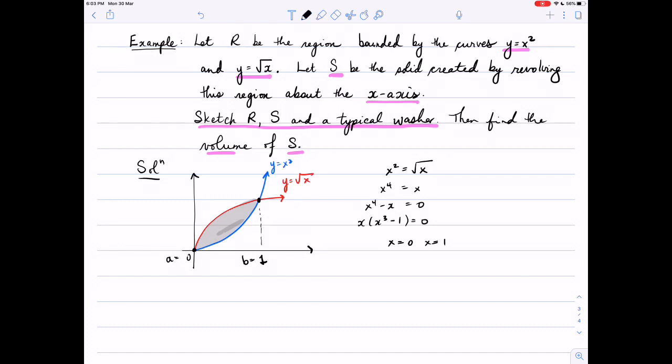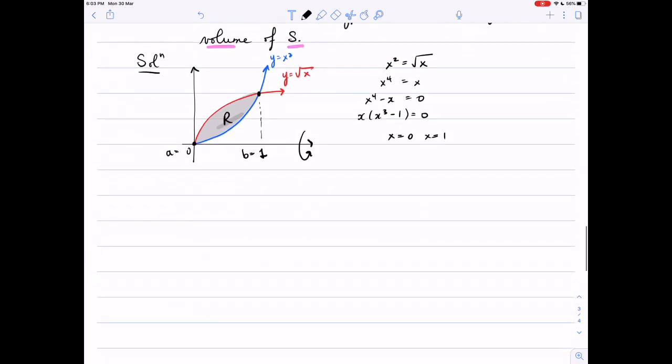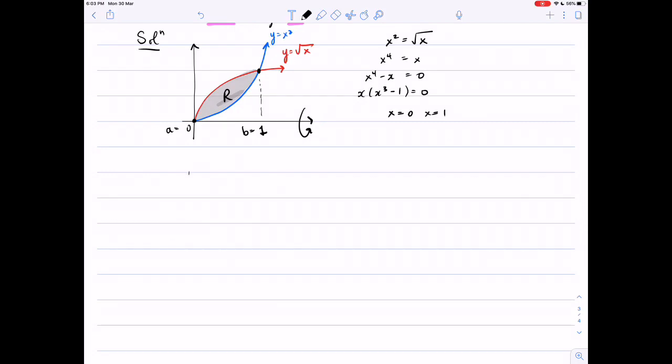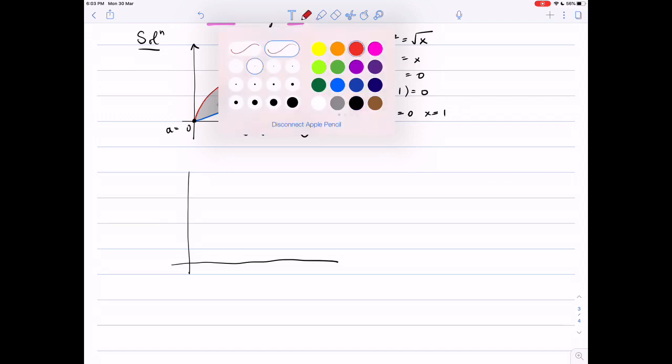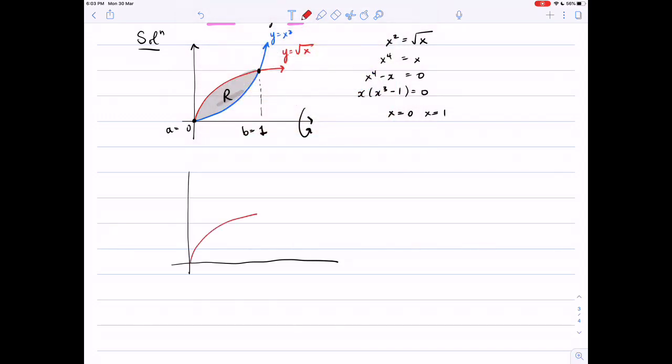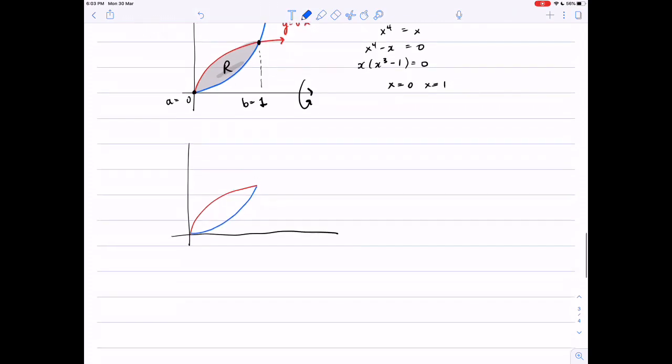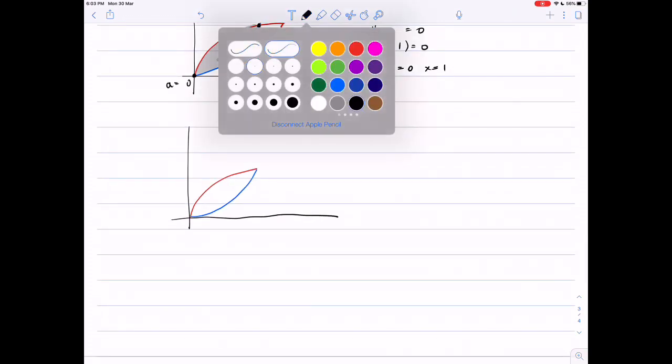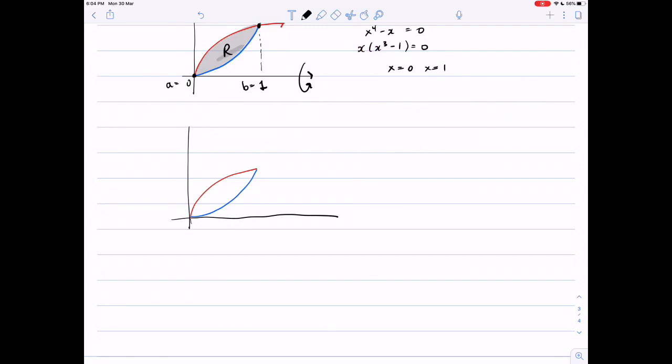Now, we're asked to revolve this around the x-axis. So let's go and sketch what that would look like. So if we take our same curves here, the square root on top and the parabola on the bottom, and let's just draw the image of what we would get if we rotated these things around, right?